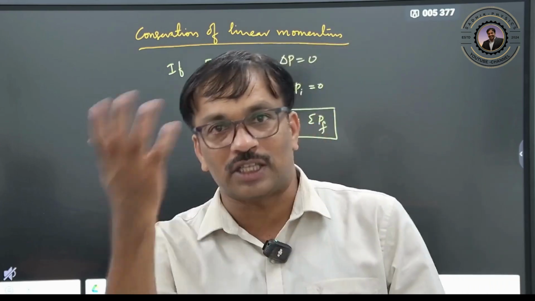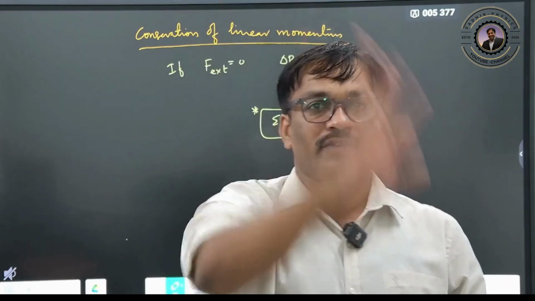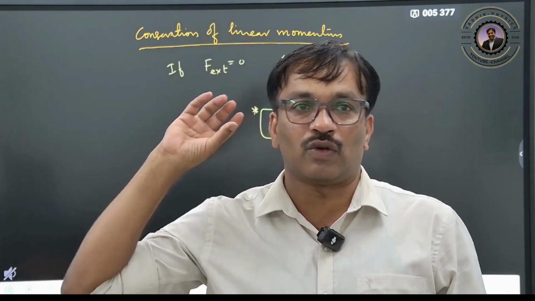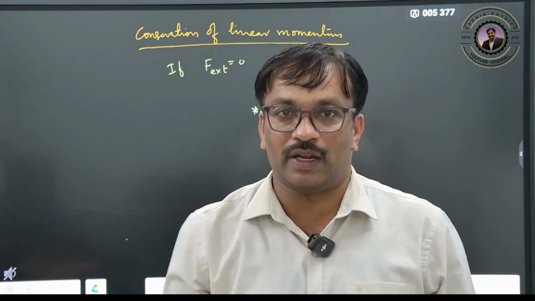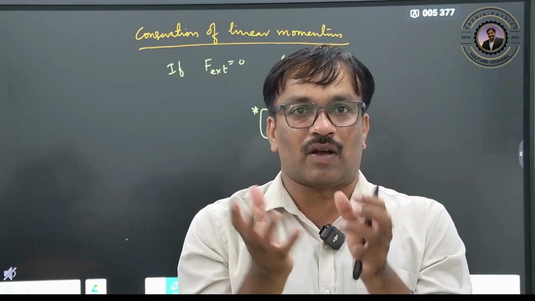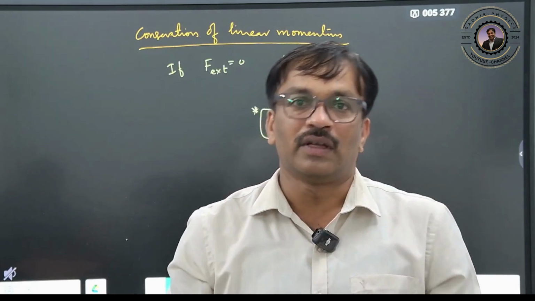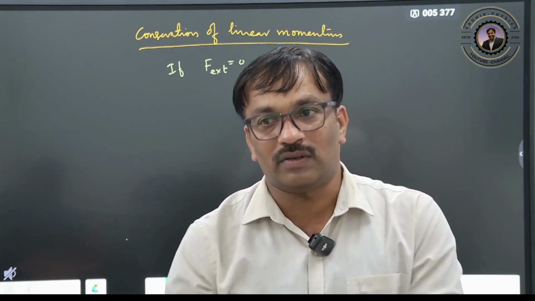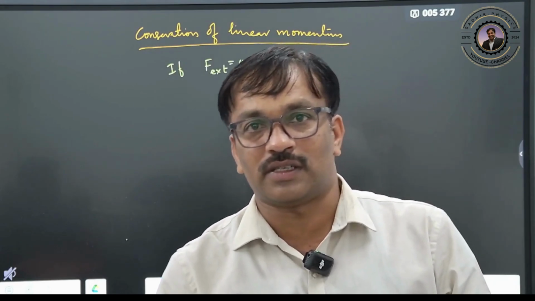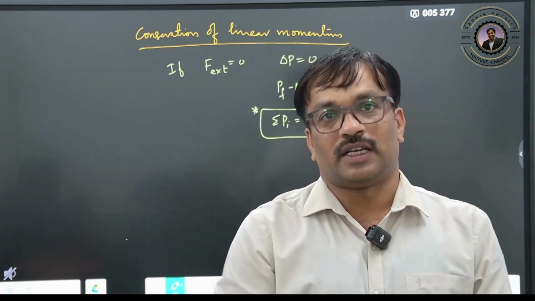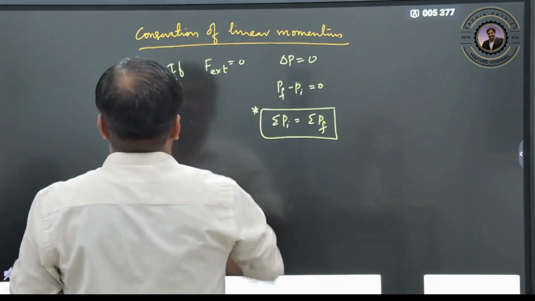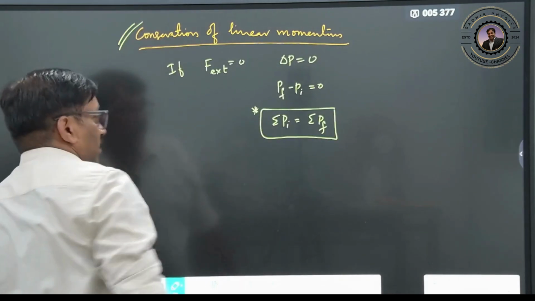If you go to space and throw any object with some speed, throughout its lifetime it will go with the same speed only. If another object comes and collides, or Earth attracts it, that is an external force, and only then will the momentum change. If there is no external force acting on the system, the momentum will not change. Clear? This leads to the conservation of linear momentum.